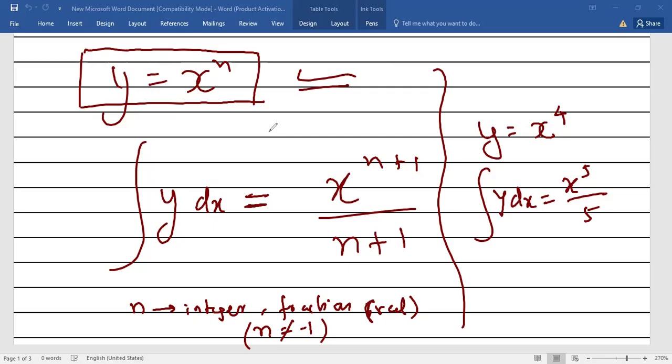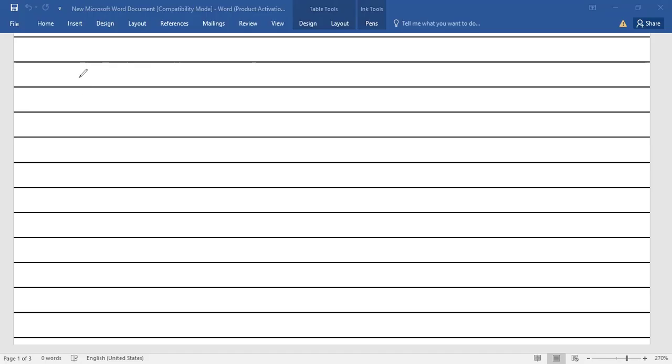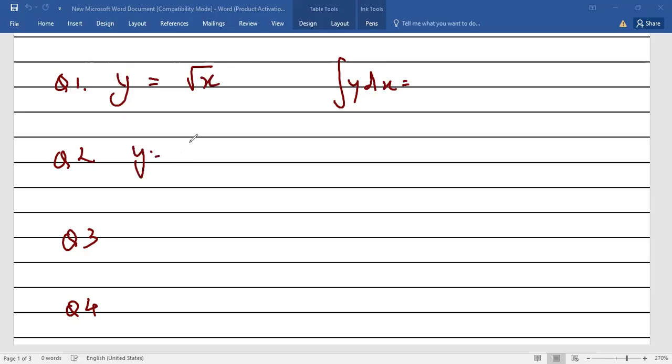Now tell me this one. A few questions. Question number 1, 2, 3, 4. So y is equal to root x. What will be the integration of y? Y is equal to 5 over x square.